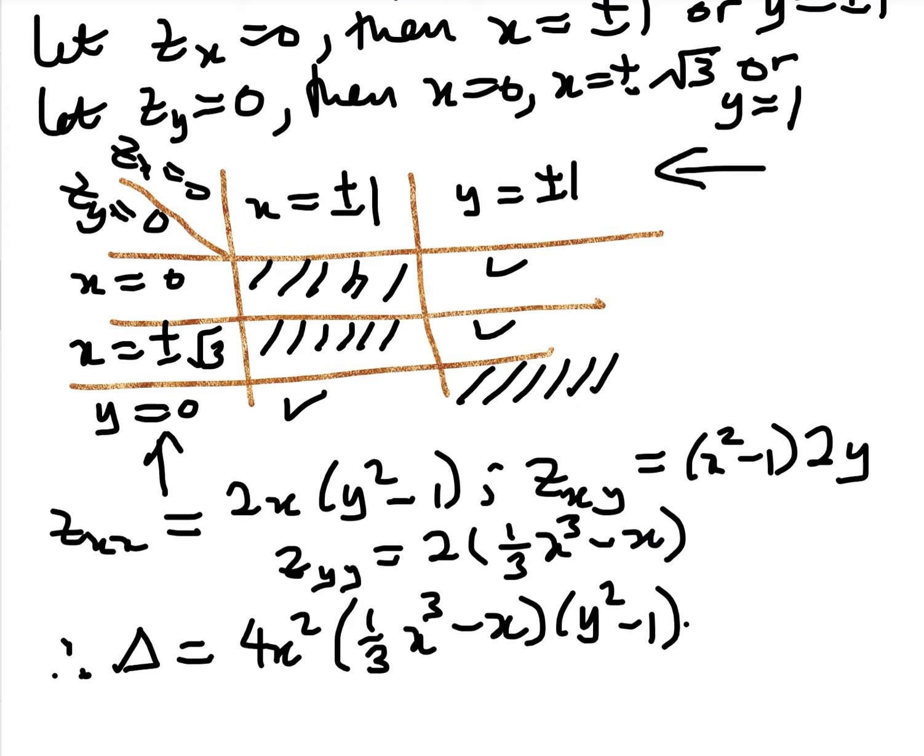And then squaring zxy, you get x squared minus 1 all squared. The 2y squared gives us 4y squared, so I'll put this in front. x squared minus 1 all squared.